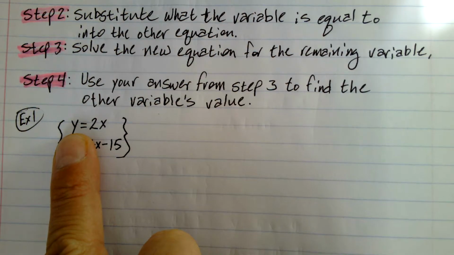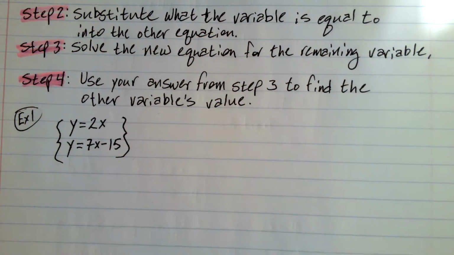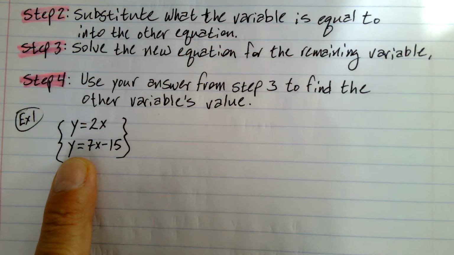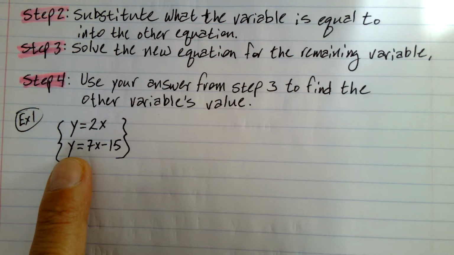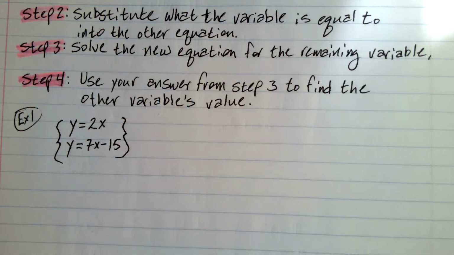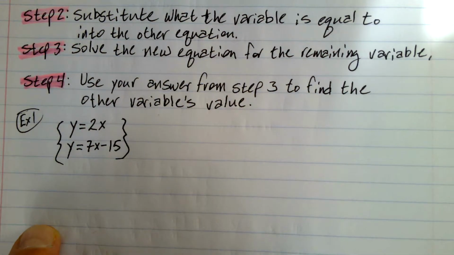I'll show you. This says y equals 2x. Y is by itself, so that equation has a variable by itself. Y equals 7x minus 15. That equation also has a variable by itself, the y. The question is, which one would you rather work with? In the chat, type in which one you feel is easier to work with.